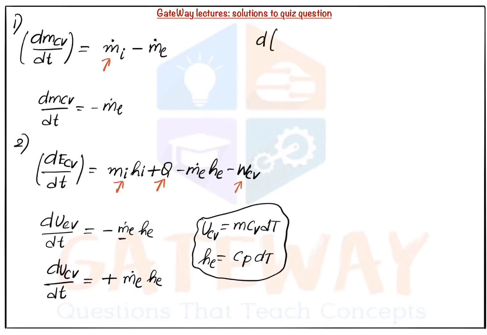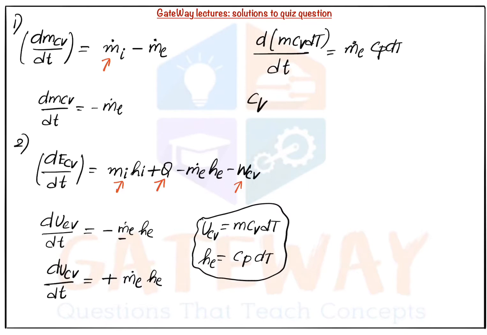Then d of mcv Cv dT upon dt is equal to me into he, which is Cp into dT.